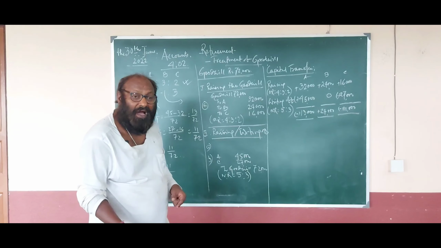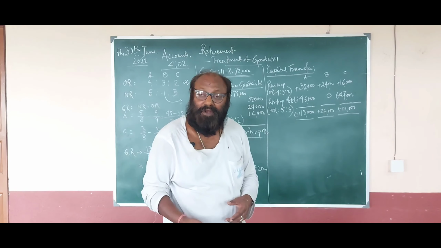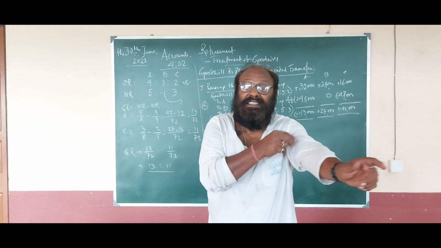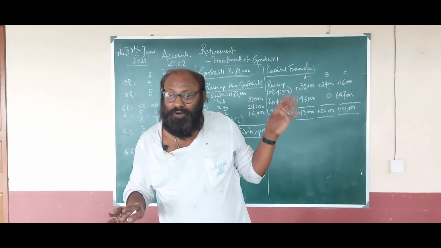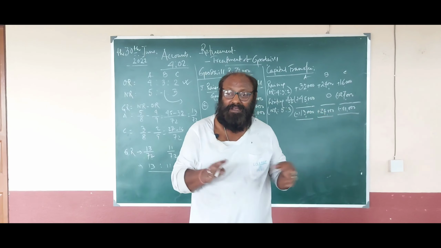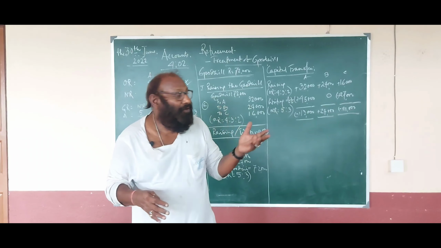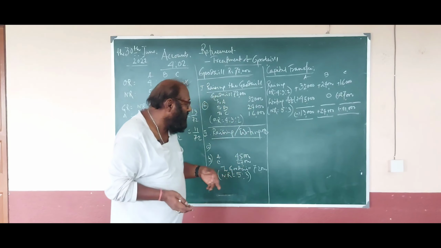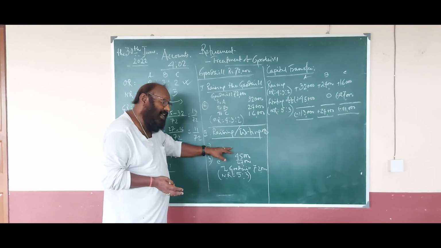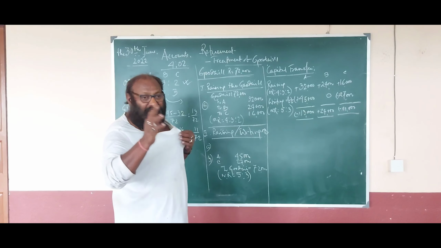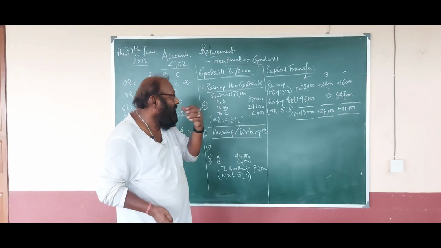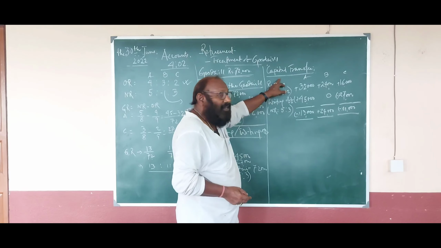In the last occasion I have already shown you another method, that is the capital transfer method. We will not pass any entry by which goodwill will be raised and again written off. We make a single journal entry, and that method is known as the capital transfer method.